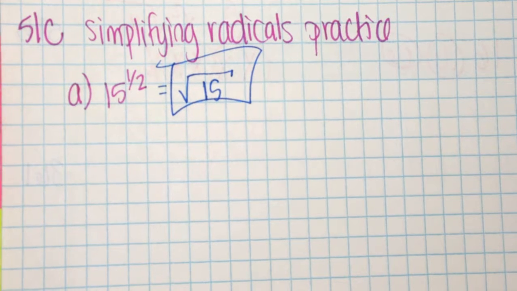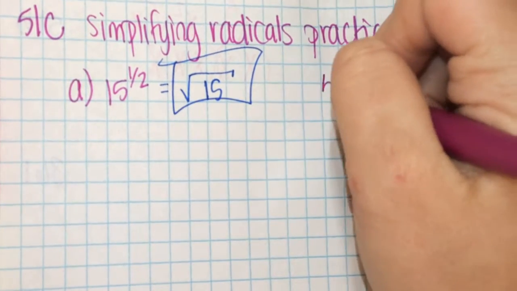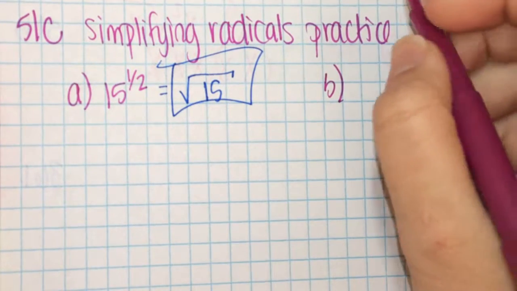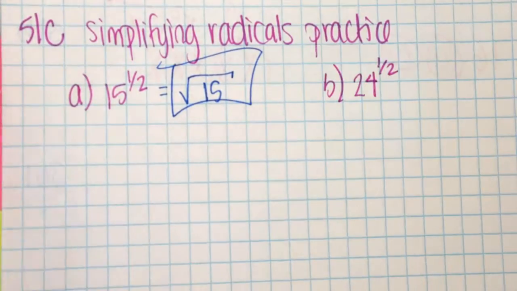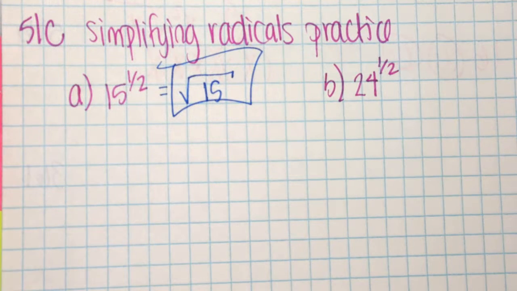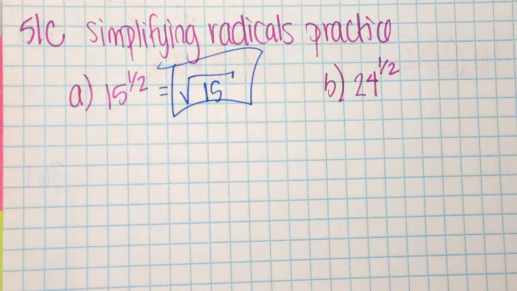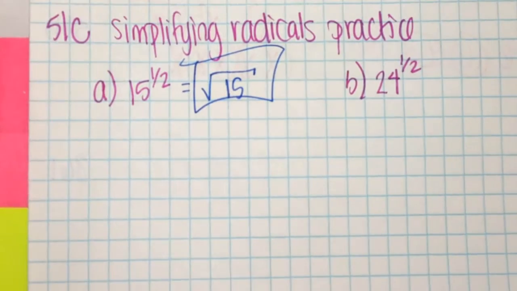What if I give you B and I say 24 to the 1/2 power? How would we write that?